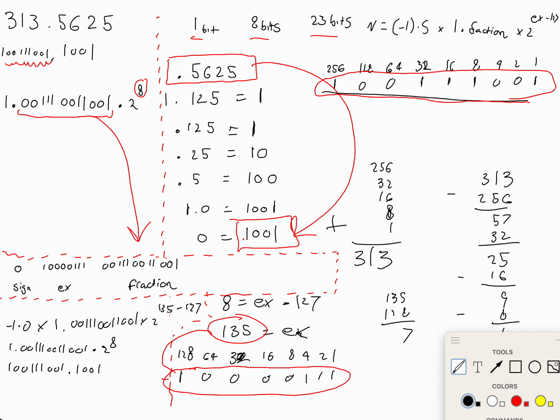And then it's just a matter of converting these two numbers back into decimal values, which again we would do in much the similar fashion, right? So that would ultimately come back and give us our final result of 313.5625.